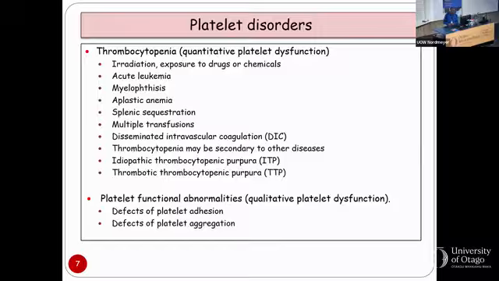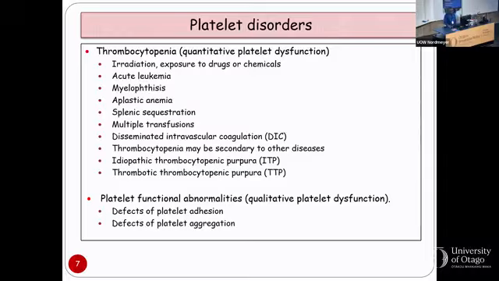I've listed a few things here that could be responsible for thrombocytopenia: inadequate production, excessive consumption, or excessive destruction of the platelets. So we have here irradiation, leukemias, myelophthisis, which just means marrow infiltration by whatever process, and aplastic anemia, splenic sequestration.